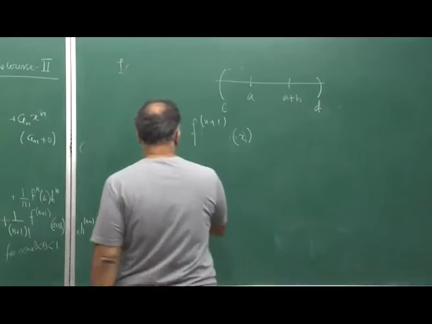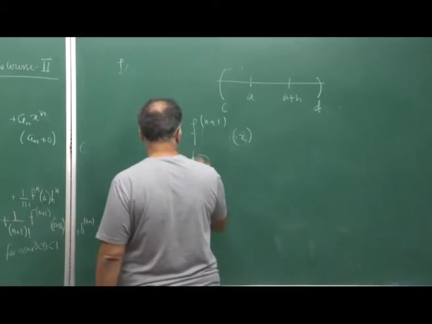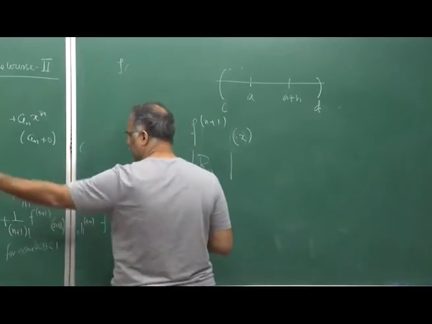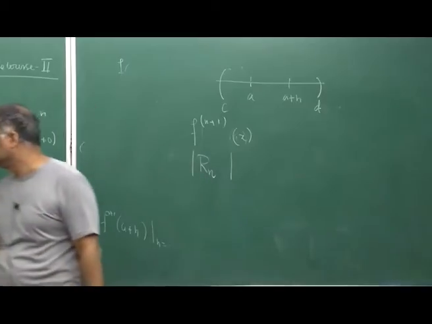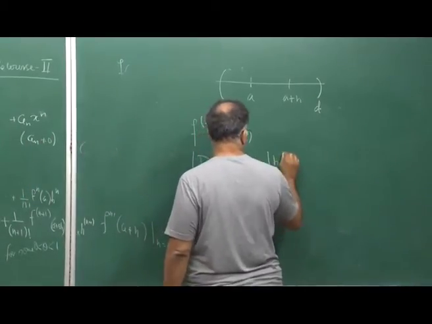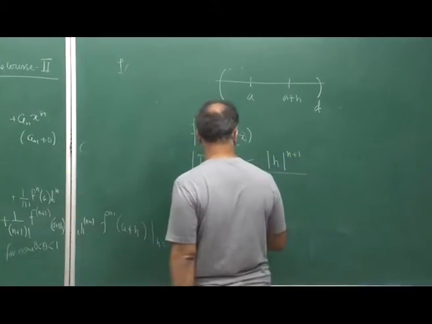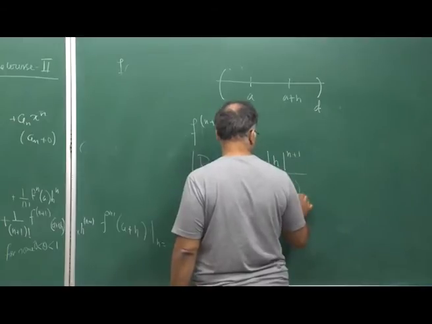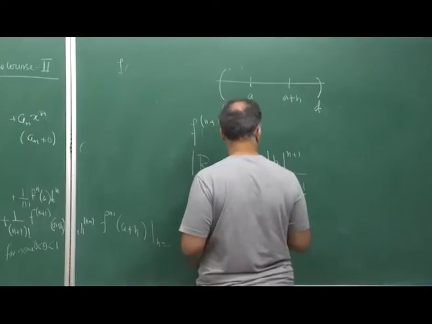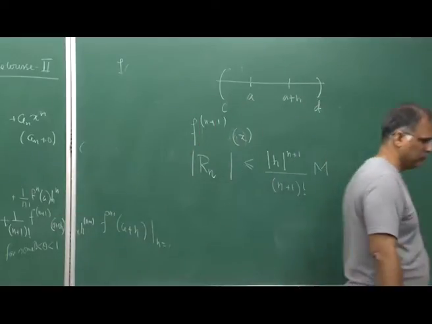Then mod of Rn is less than or equal to mod of h to the n plus 1, over mod of n plus 1 factorial, into some m, which is the bound of this function.